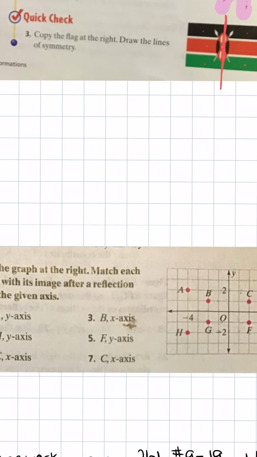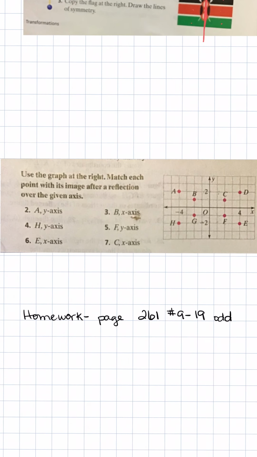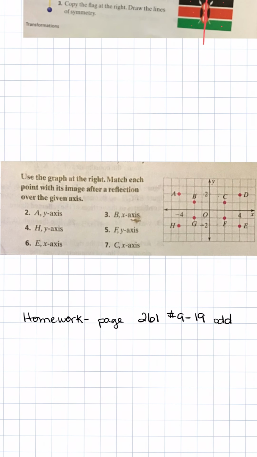Okay, so let's look here. Use the graph at the right and match each point with its image after a reflection over the given axis. So here is A, and it says over the y-axis. It is 1, 2, 3, 4 places from the y-axis. So we're going to go 4 this direction, 1, 2, 3, 4.